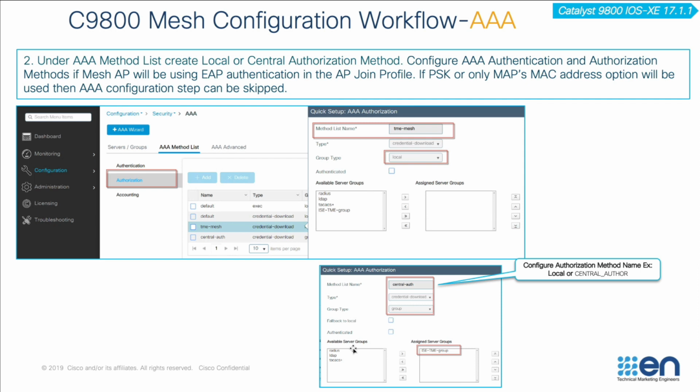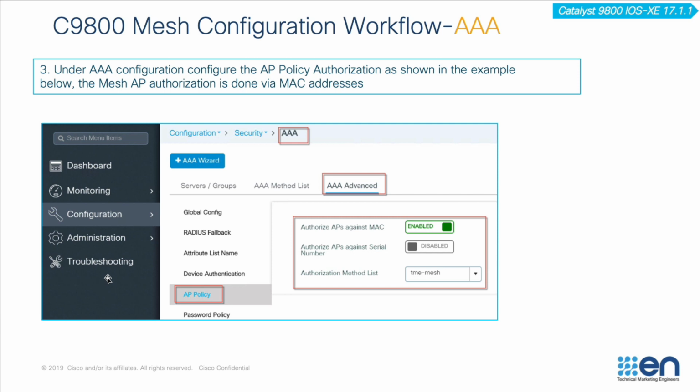Again, these configuration options are optional. You can go with AAA, or you can go simply by using MAC addresses or just using PSK keys to provision mesh APs, and we'll talk about all of that. In this screenshot, for example, we'll talk about AP policies, provisioning policies.